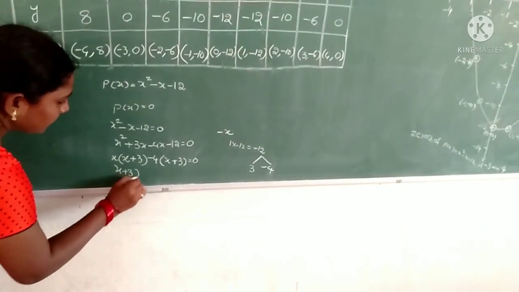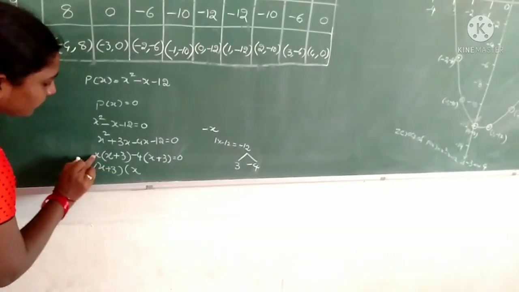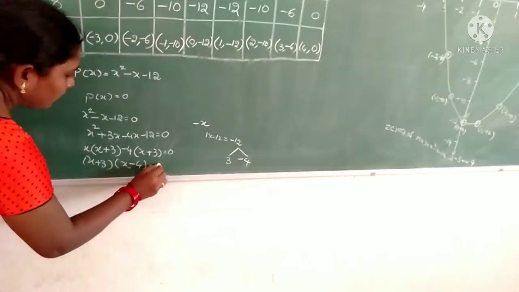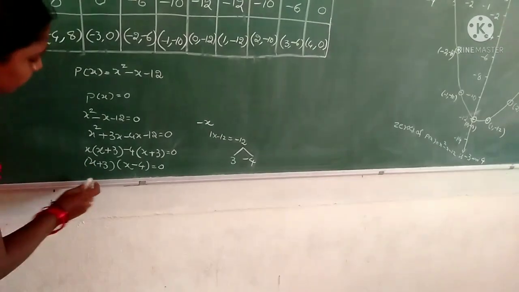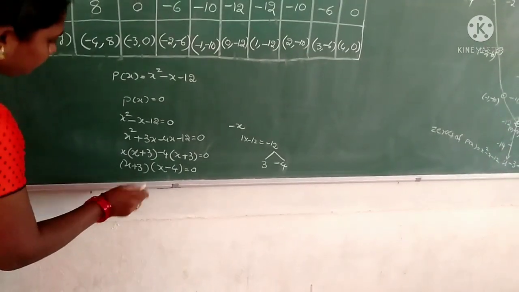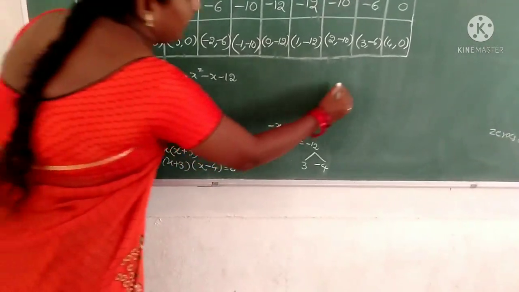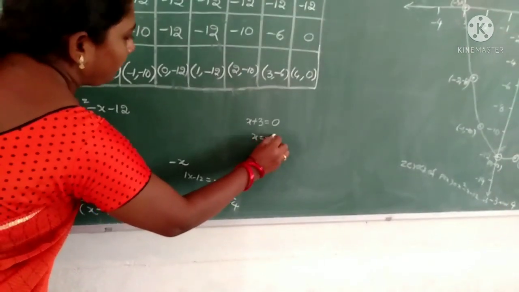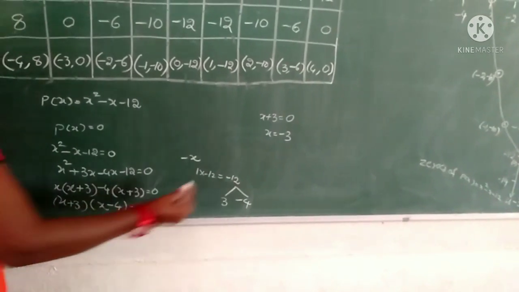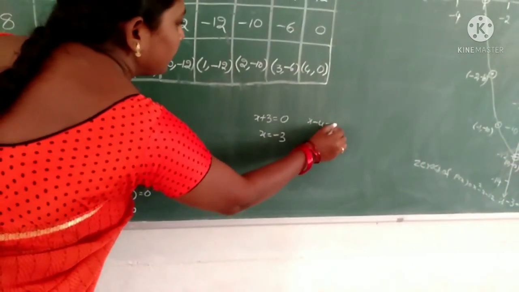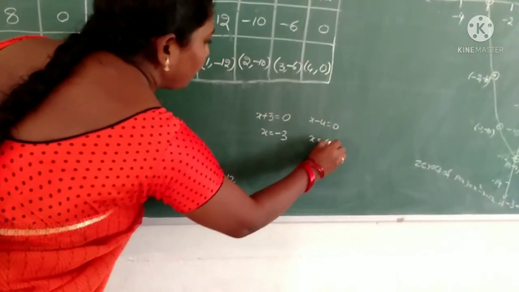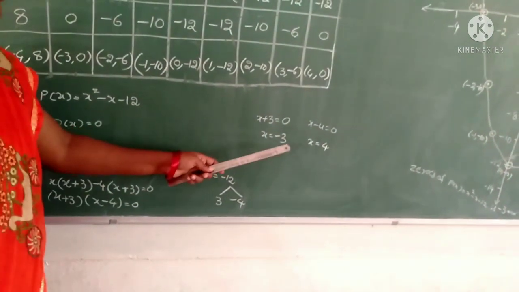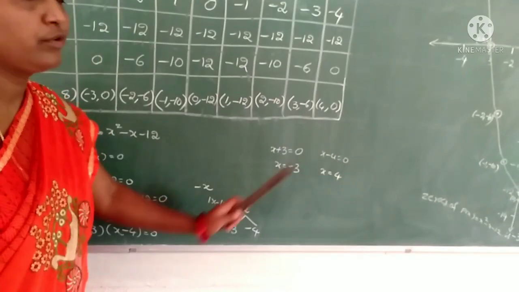Next, the remaining value x minus 4 equal to 0. Next, x plus 3 equal to 0, x equal to -3 and x minus 4 equal to 0, x equal to 4. So these are the zeros, -3 and 4.